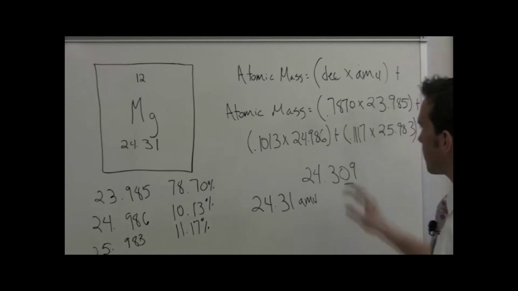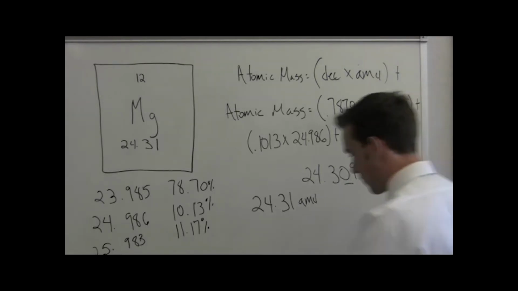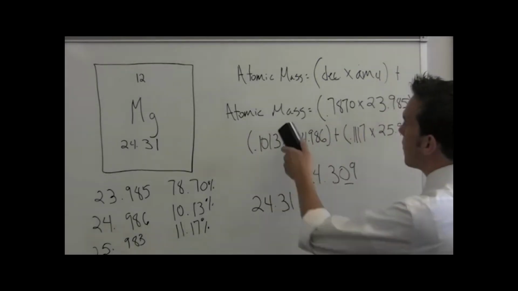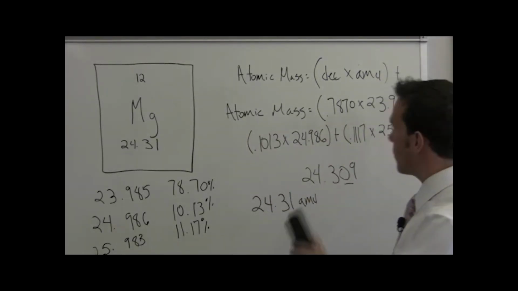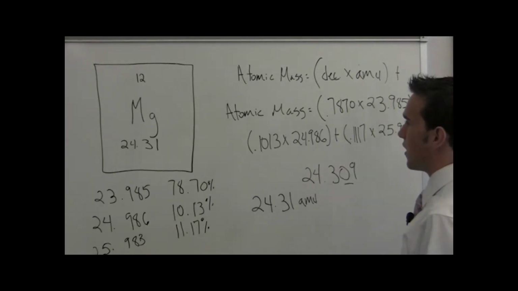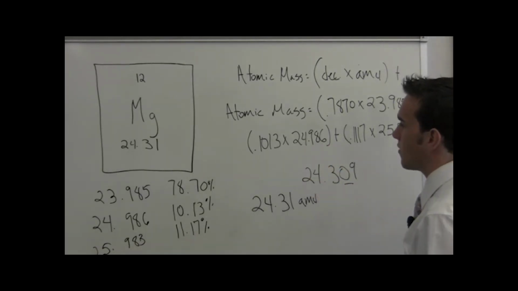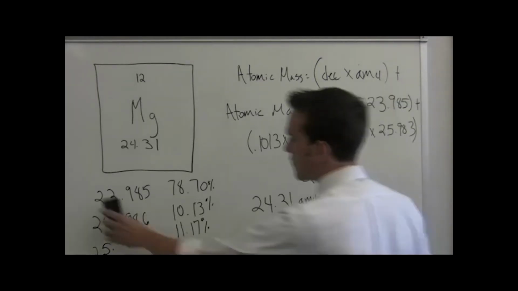Now this formula becomes really handy for a couple different reasons. We can find the atomic mass, or if we're given the atomic mass, we can find the percent abundance of a missing isotope, or even the mass of that percent of an isotope.